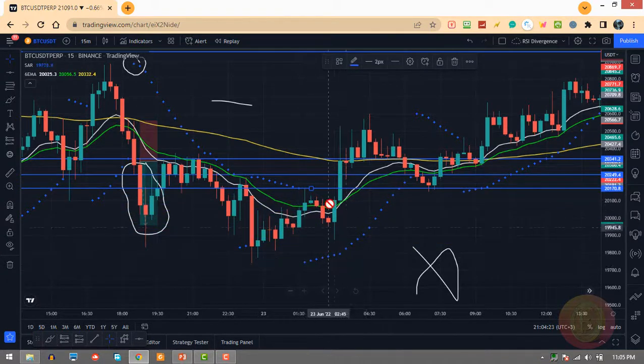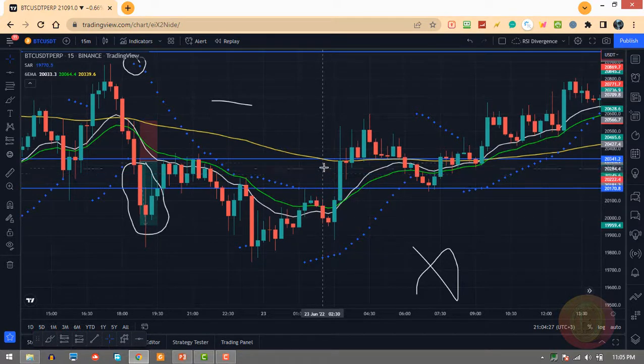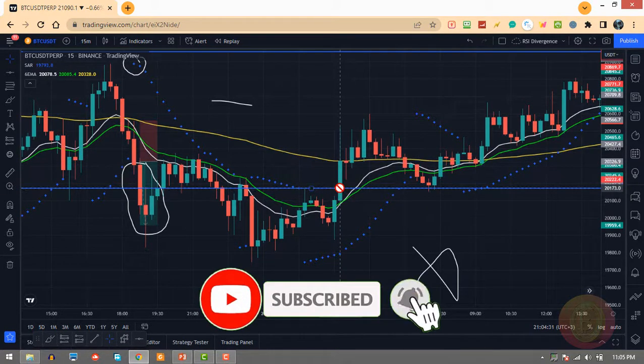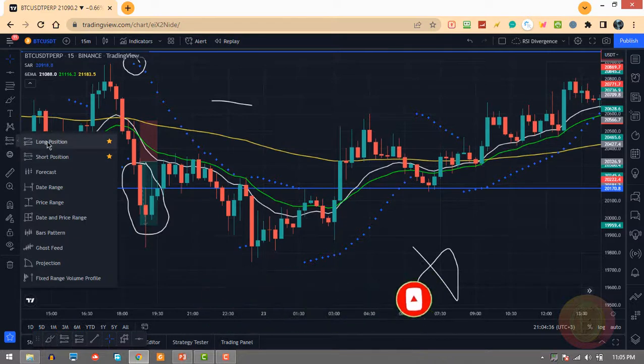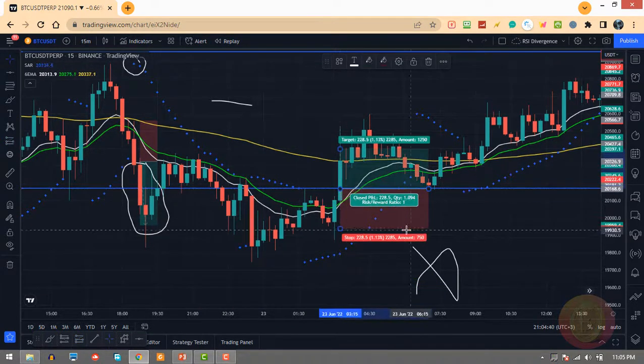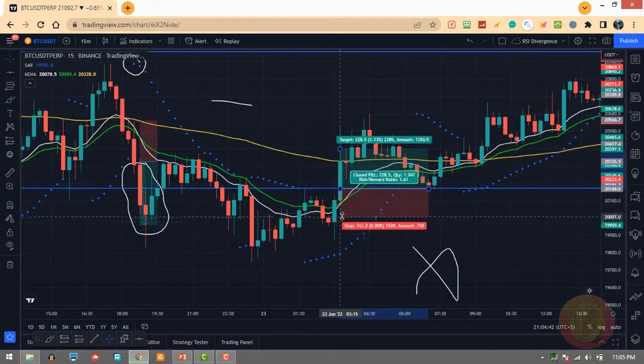Let me clear these previous horizontal lines. If we apply it here on this previous star, you can see this new buy signal is valid, because here it is broken by the candle, and we will apply a 1% stop loss.